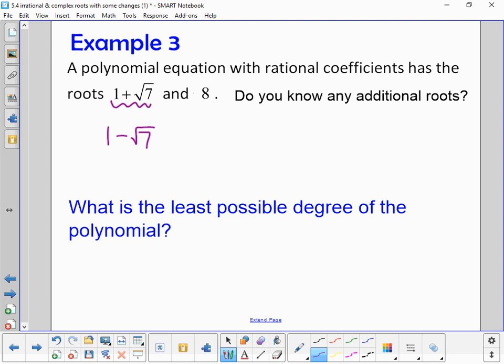It can stand alone. There's no guaranteed -8 here. The guaranteed conjugate root only applies to these irrational ones. It has to have one of these radical parts that doesn't simplify. So I have 1, 2, 3 roots that I know. So the least possible degree of this polynomial would be degree 3.